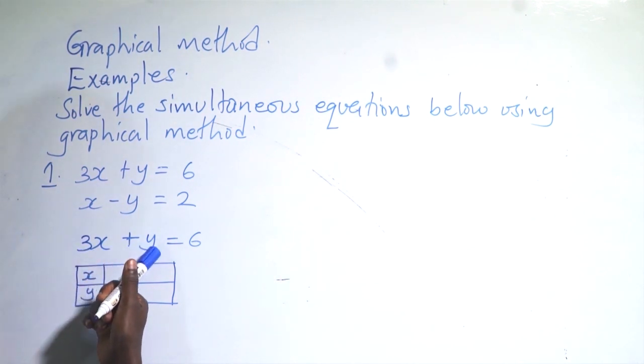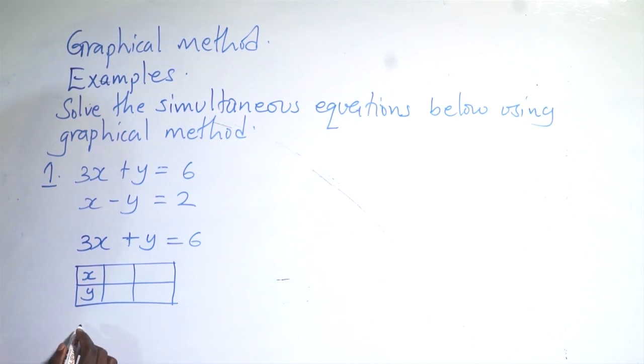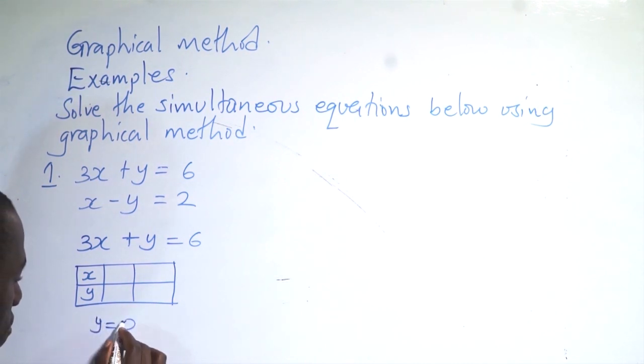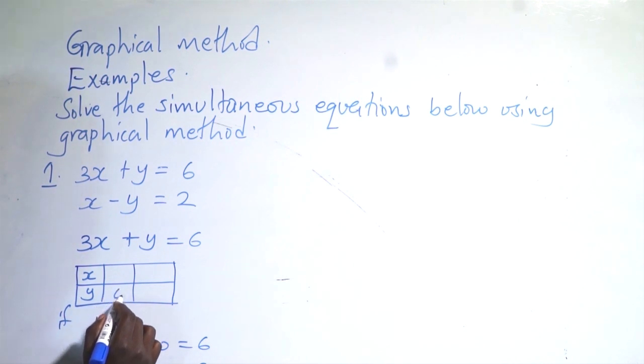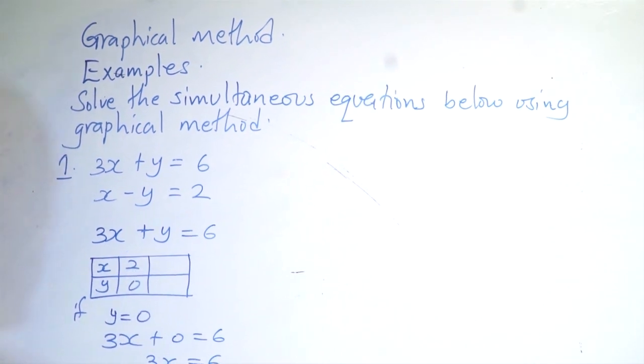So 3x plus y is equal to 6. Suppose my y is 0. Then I substitute it there. That is 3x plus 0 is equal to 6, so 3x is equivalent to 6, then the x value is equal to 2. So y is 0, x is 2.